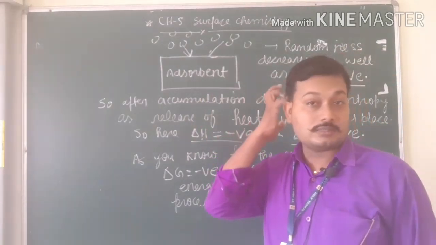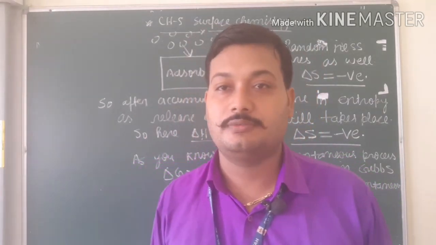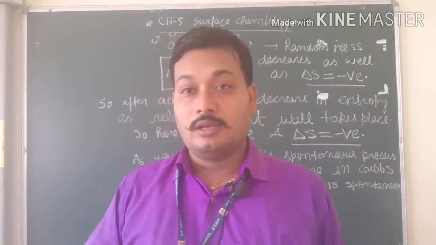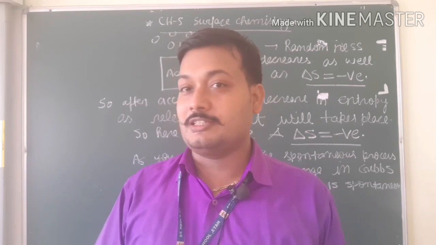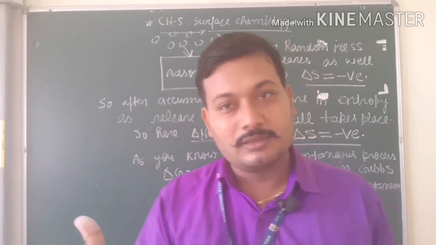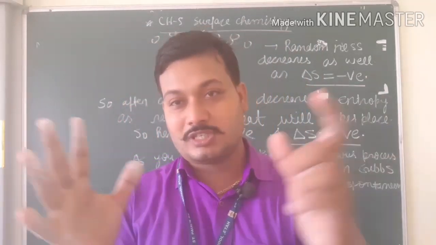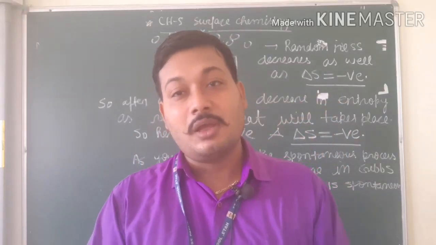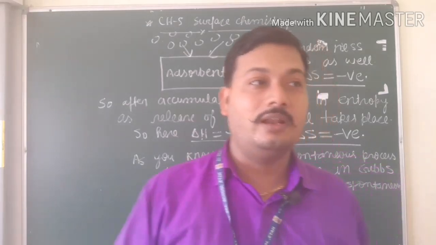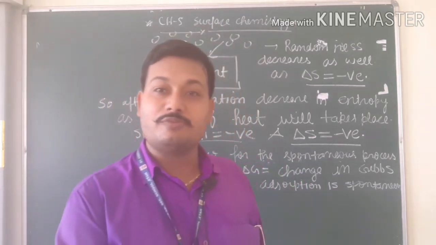As the adsorbate molecules deposit over the surface of adsorbent, delta S becomes negative because change in entropy, that is change in randomness, decreases. In the atmosphere the molecules move freely here and there, but at the time of deposition their randomness decreases. When the randomness decreases, delta S is negative. When the accumulation takes place, the molecules are deposited on one surface.